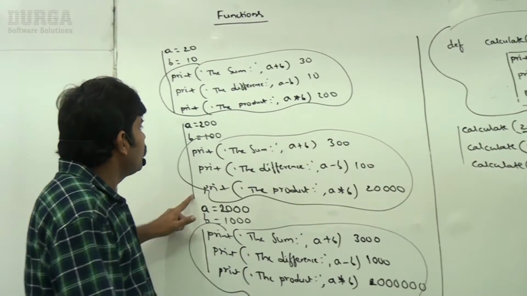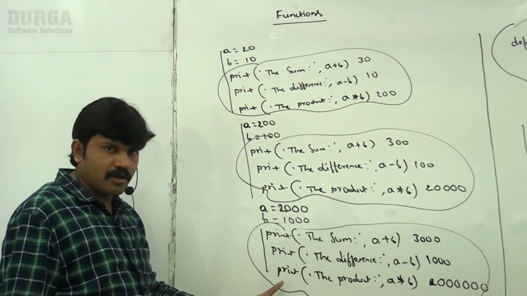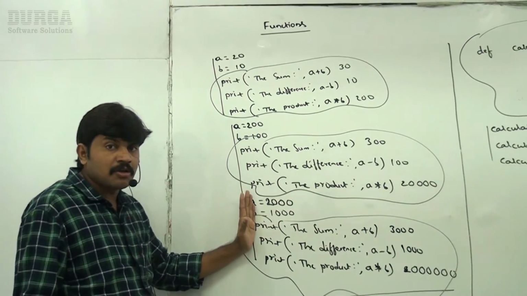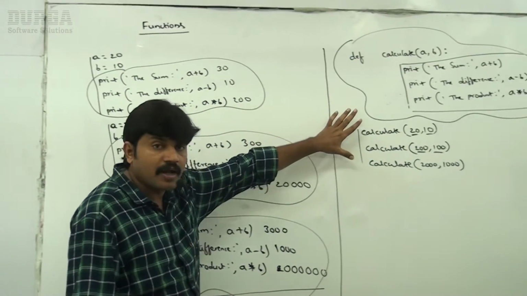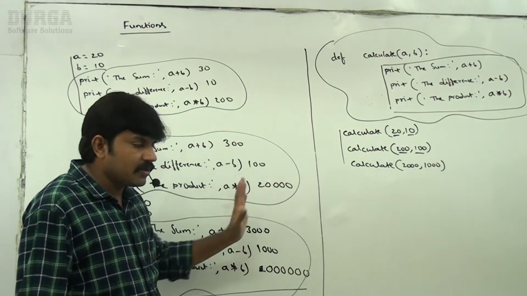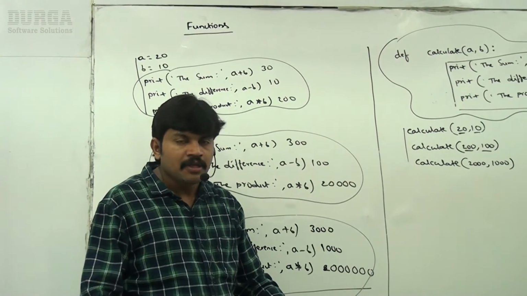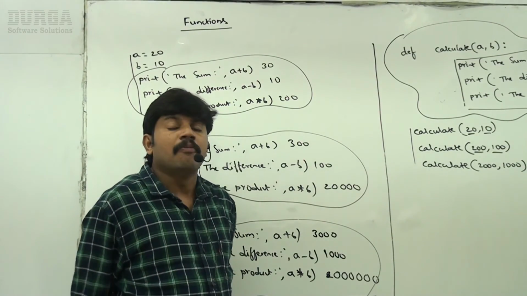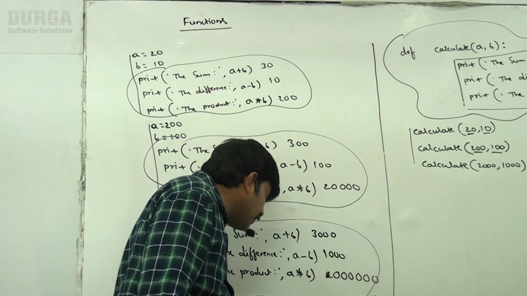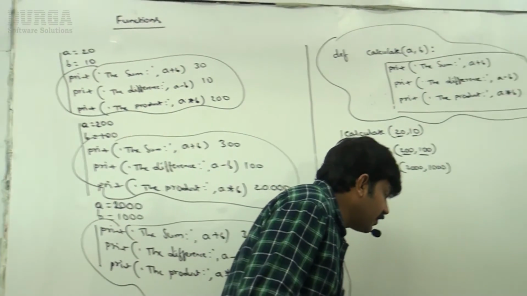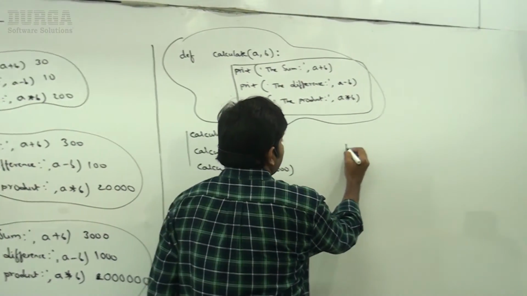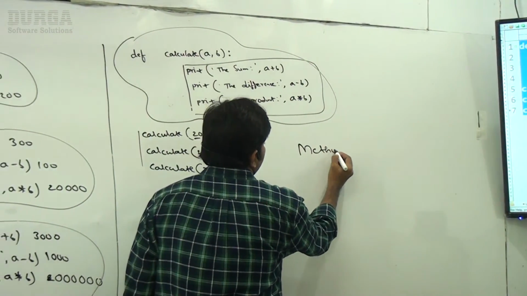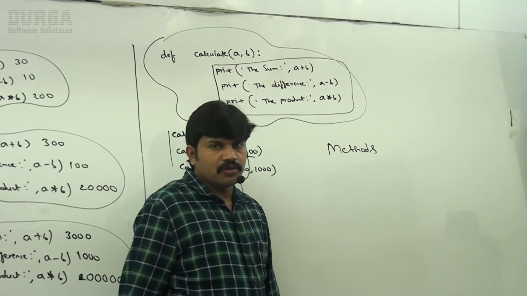Now observe, without a function how much code I have to write, but the same thing with a function how much code I have to write. Sir, I hope you are in a position to identify, right? Every programming language contains the function concept, but the terminology may be different. In some languages, like C++ and Java, we use the word methods.